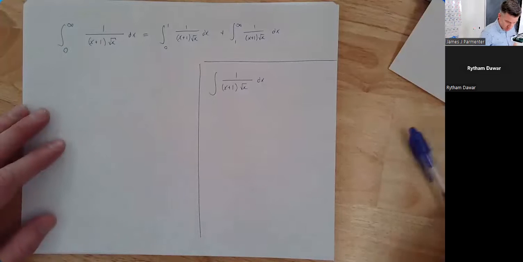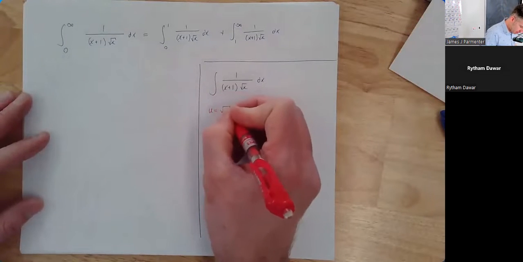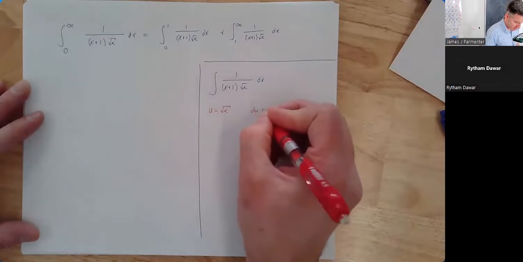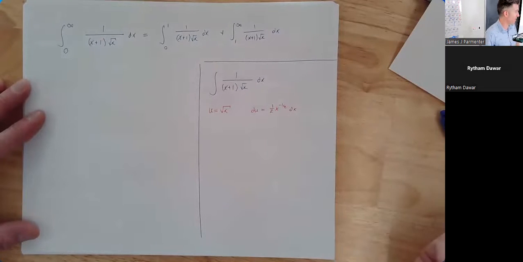I'm going to let u equal the square root of x, and here's why. I know that letting u equal the square root of x means I'm going to get a 1 over the square root of x in my du. The derivative of x to the 1/2 is 1/2 x to the negative 1/2, which I never actually like to write that way.